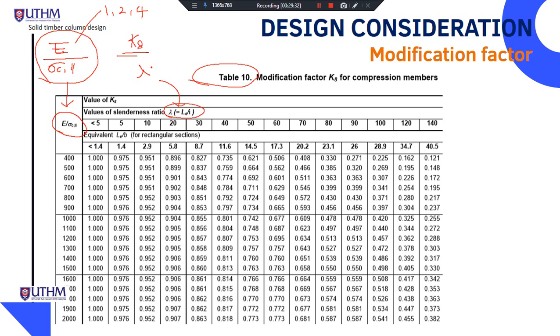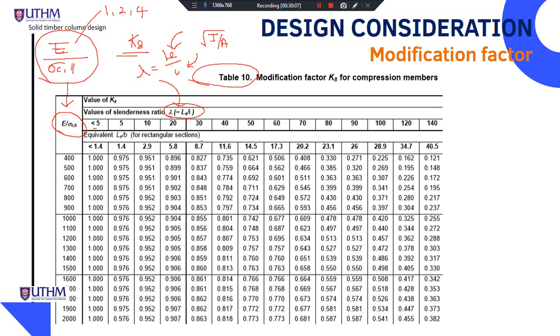Slenderness ratio again is equal to L effective divided by radius of gyration, and this L effective depends on the end condition, and this radius of gyration is equal to square root of I divided by A. So after you calculate this radius of gyration, we can get this value.